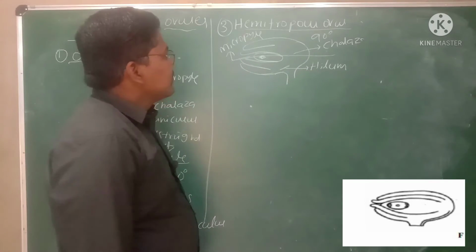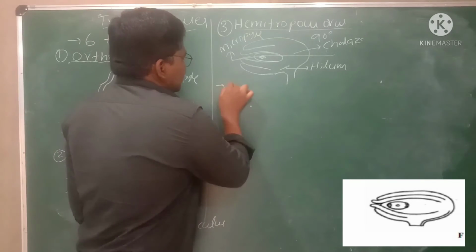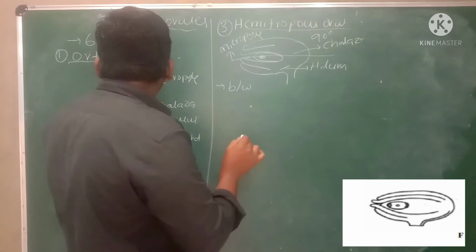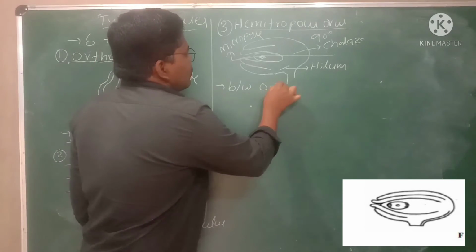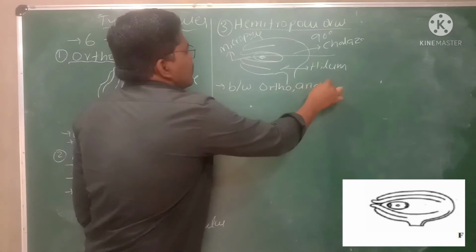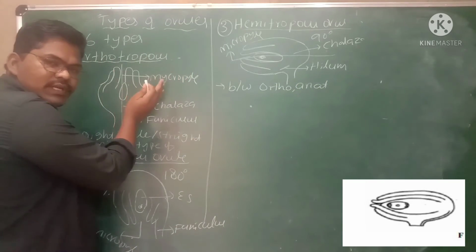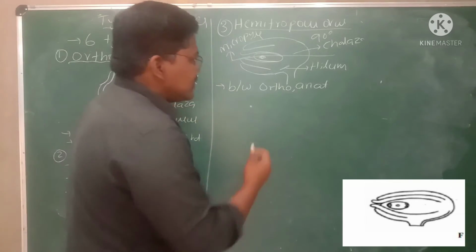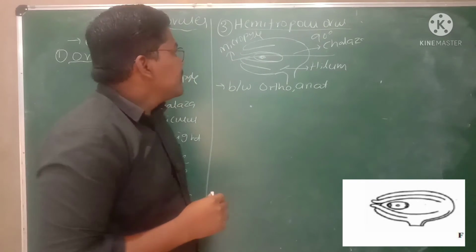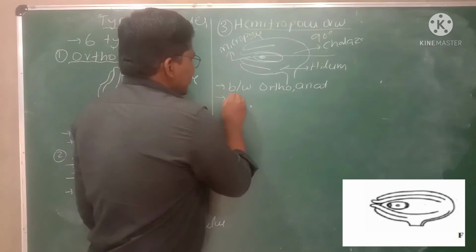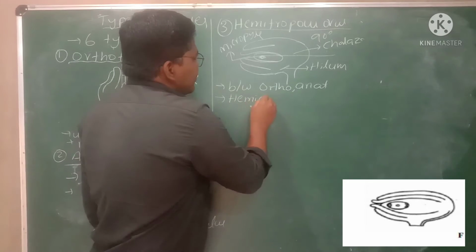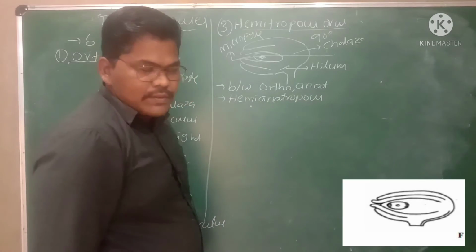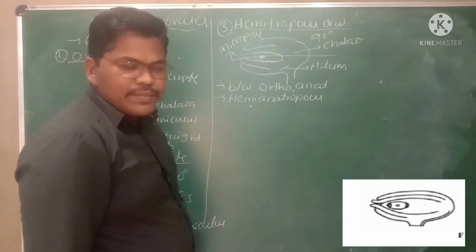It is an intermediate condition between orthotropous and anatropous. In ortho there is no rotation of the body of ovule, in anatropous there is 180-degree rotation, but in between that, 90-degree rotation, is a hemitropous ovule. Another name for hemitropous ovule is hemianatropous.